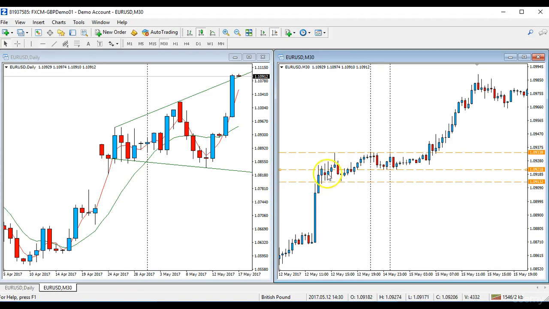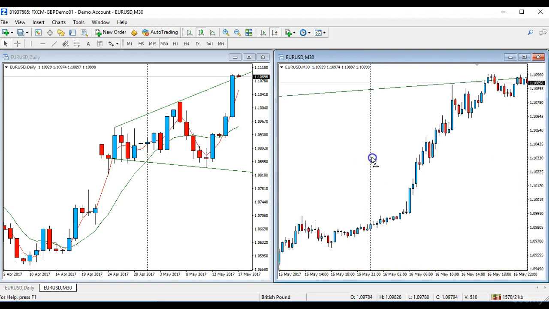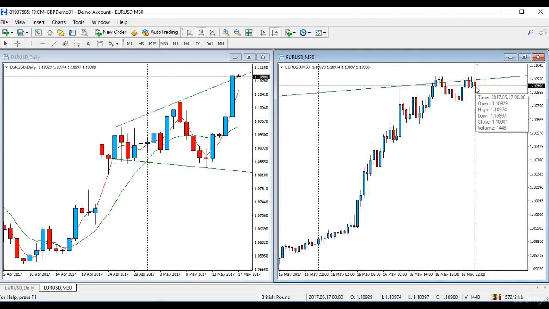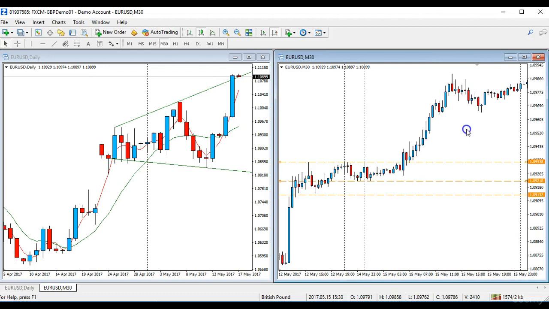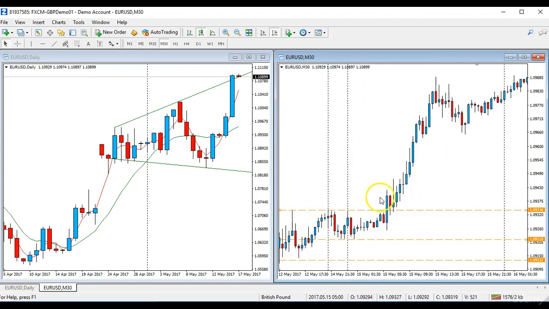It hits this area here, forms this sideways move, and then after the weekend, which these two lines here stand for, it forms this area of resistance again, this sideways move, and then it breaks through with a big candle at about 5 to 6 a.m. in the morning. Price bursts through this level here.